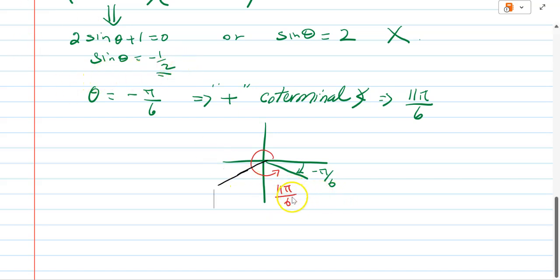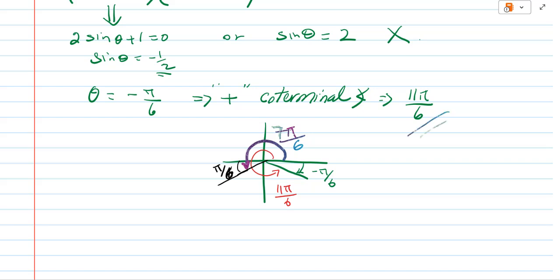One is with 11 pi/6, the other one is in the third quadrant with the same reference angle right here of pi/6. Okay, you just remove the sign of that, and therefore this new one from the positive x-axis, that angle is 7 pi/6.